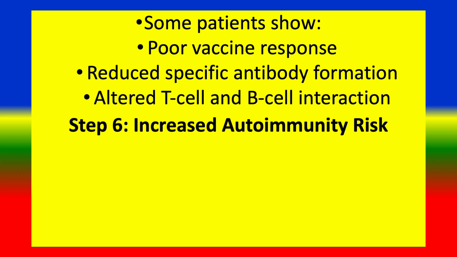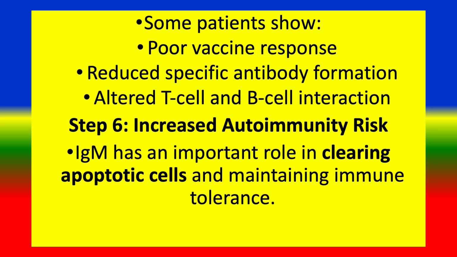Step 6, increased autoimmunity risk. IgM has an important role in clearing apoptotic cells and maintaining immune tolerance.